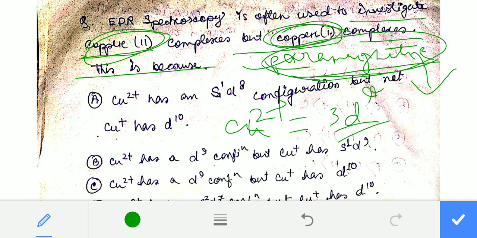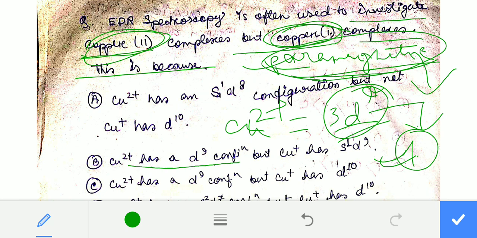In the case of 3d9, there must be an unpaired electron present. That's why copper 2 complexes can be investigated under EPR spectroscopy. So in options B and C, copper 2 plus is given as d9 configuration, which is the right statement.